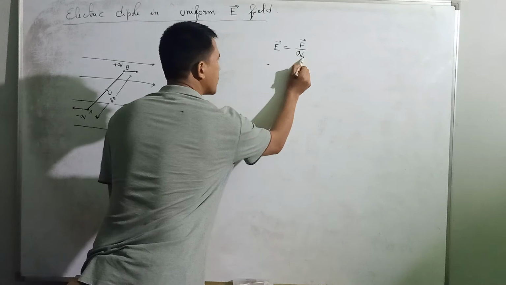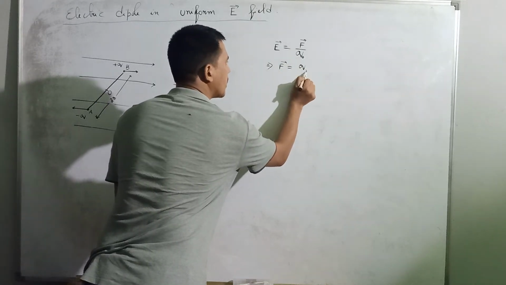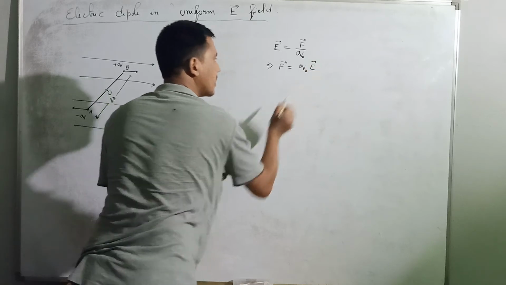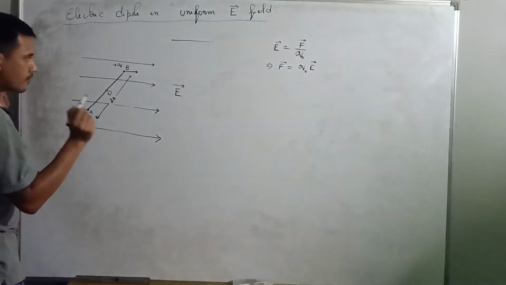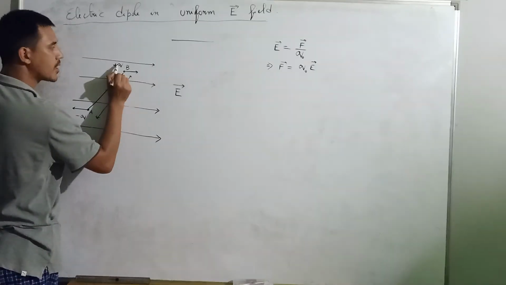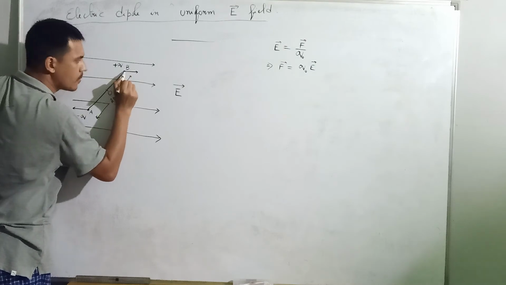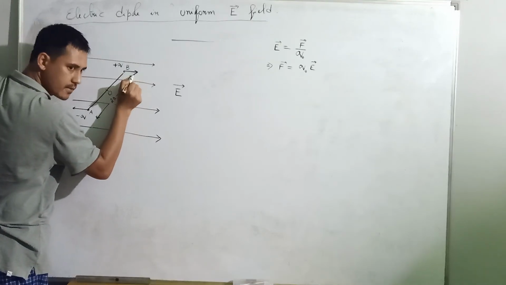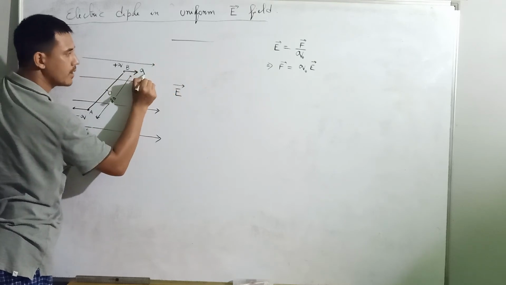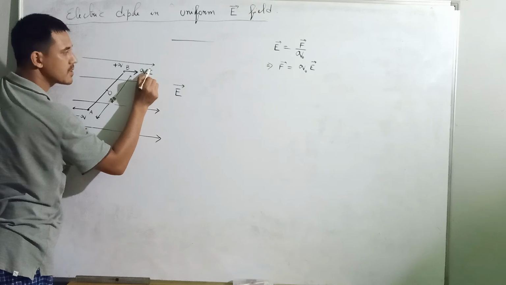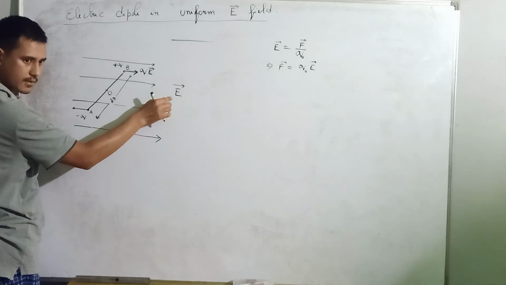In that case, your force will be given by Q naught times E. That means the force experienced by this charge plus Q inside the field will act in this direction, and the magnitude of the force will be given by Q times this field E, right?